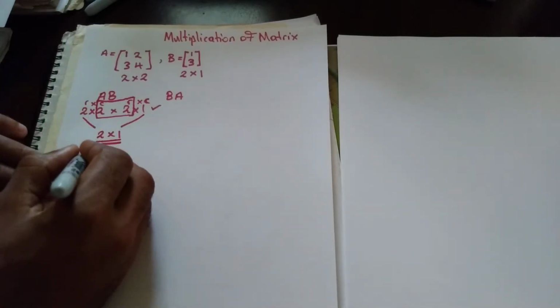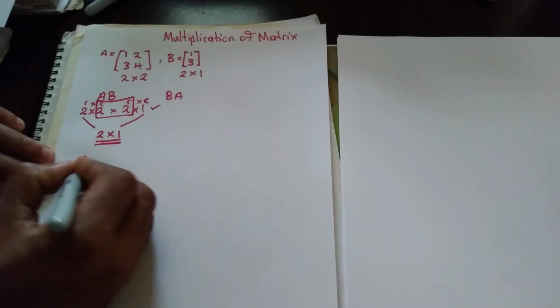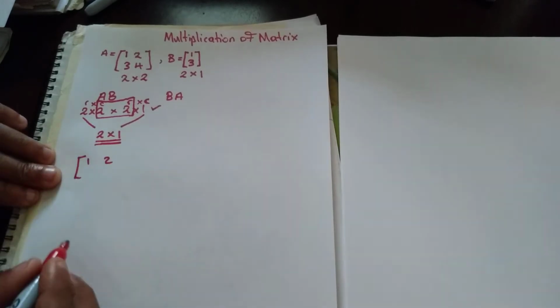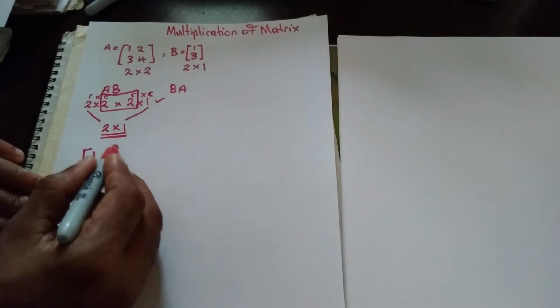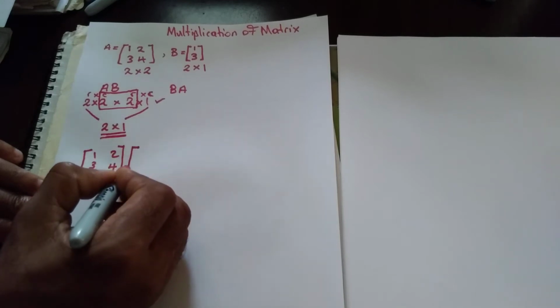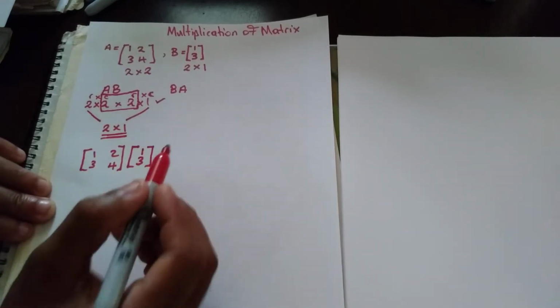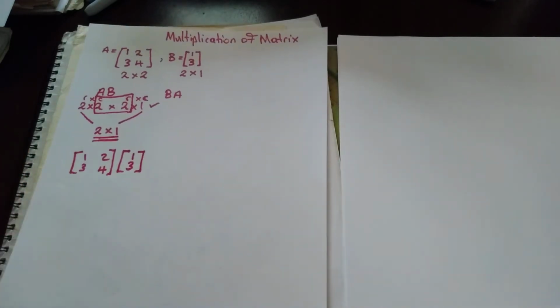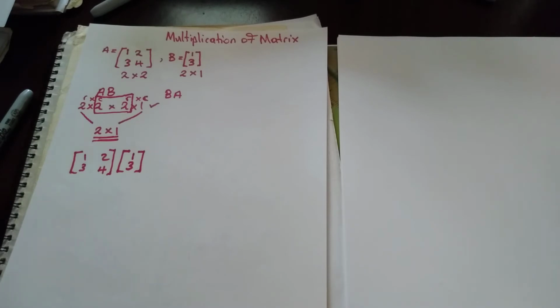So we are finding AB. So A is 1, 2, 3, 4, and B is 1, 3. Now whenever you're multiplying matrix, you multiply it in this order.